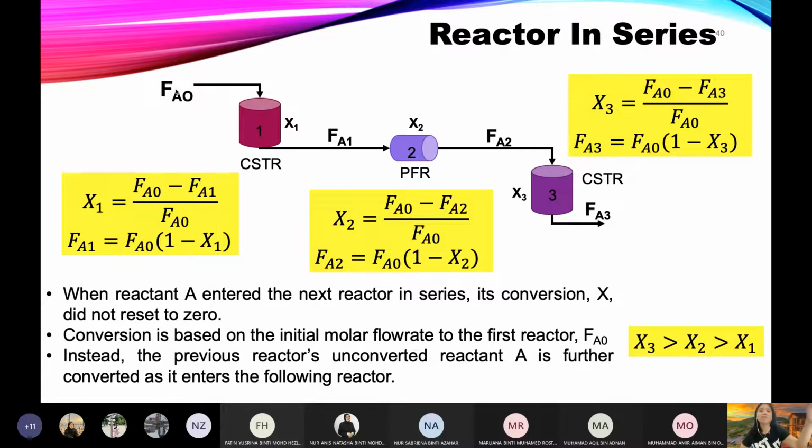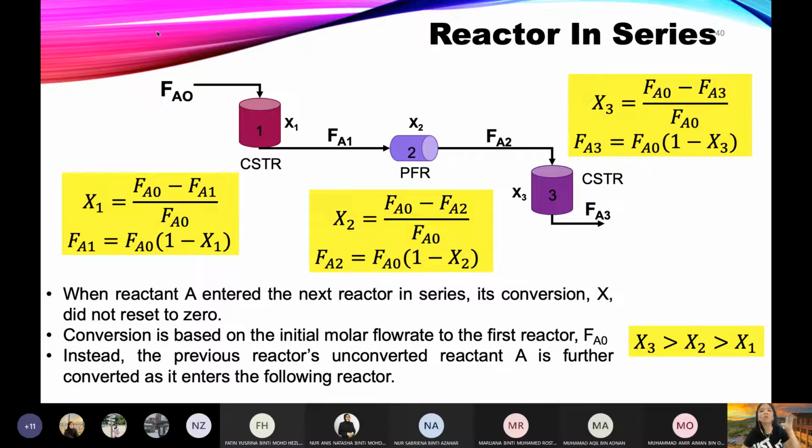Maksudnya, katakan you have two reactors. Let's say yang masuk reaktor pertama adalah 100 mole per second. Katakan after the first reactor, 50 mole telah bertindak balas, so baki lagi 50 mole kan? So yang keluar daripada reaktor pertama adalah 50 mole per saat jugalah.